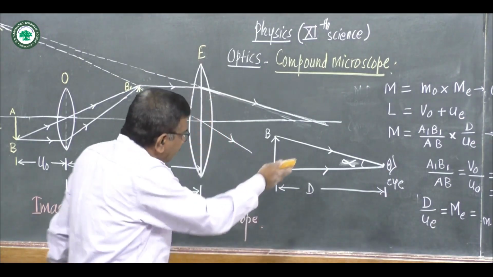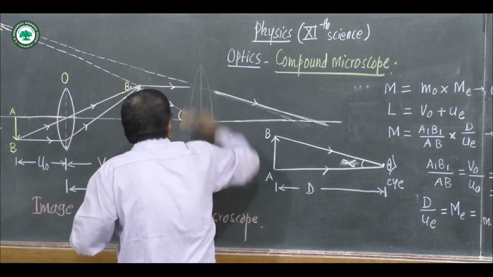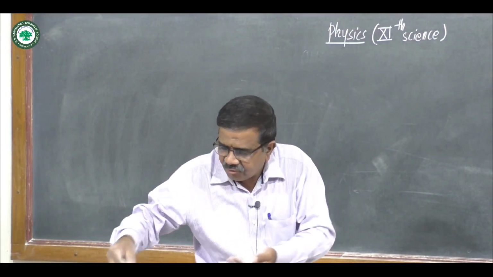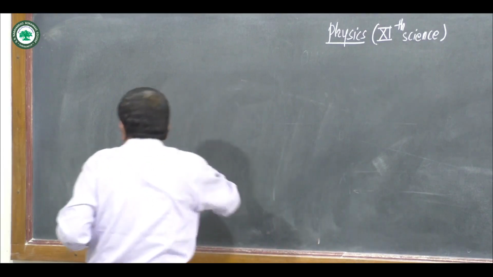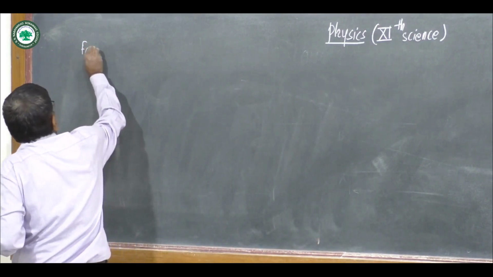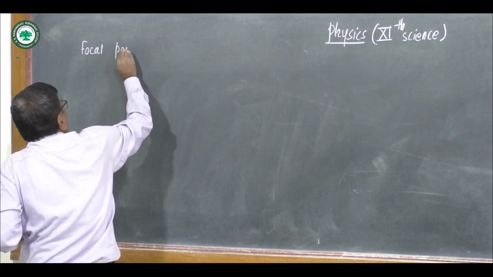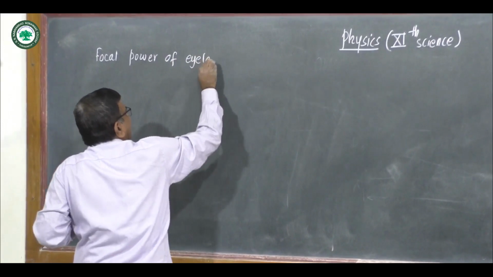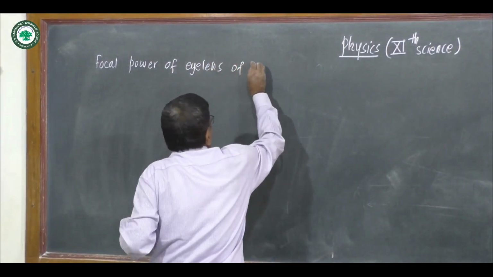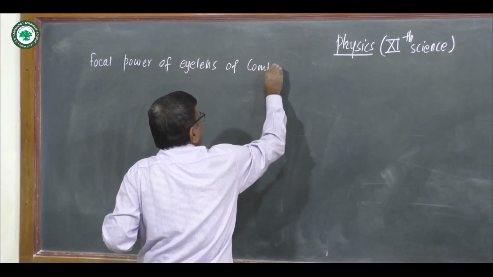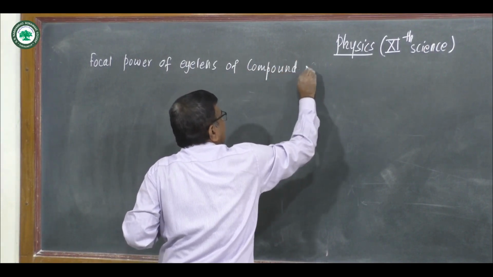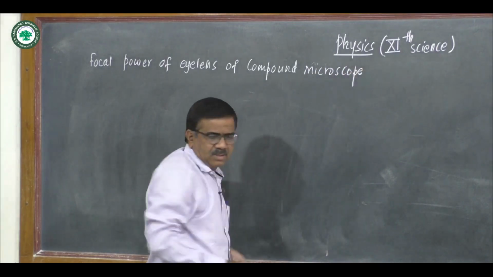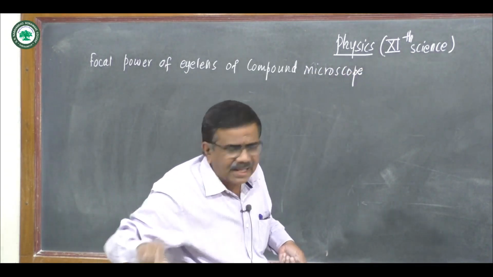The numerical is very simple and it is based on this formula. Focal power of eye lens, that is eyepiece, of compound microscope is 6 diopter.